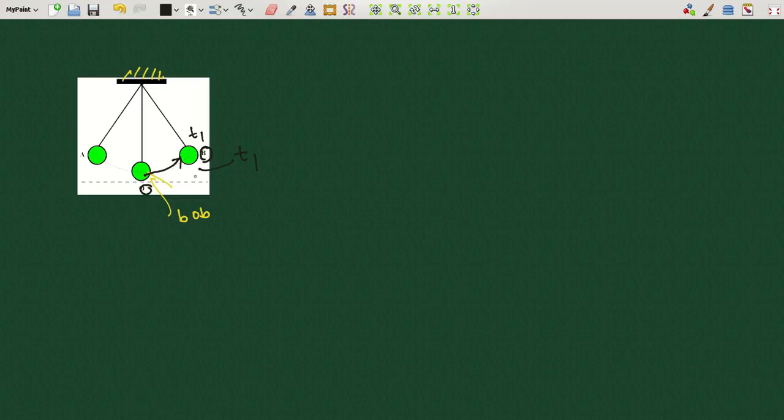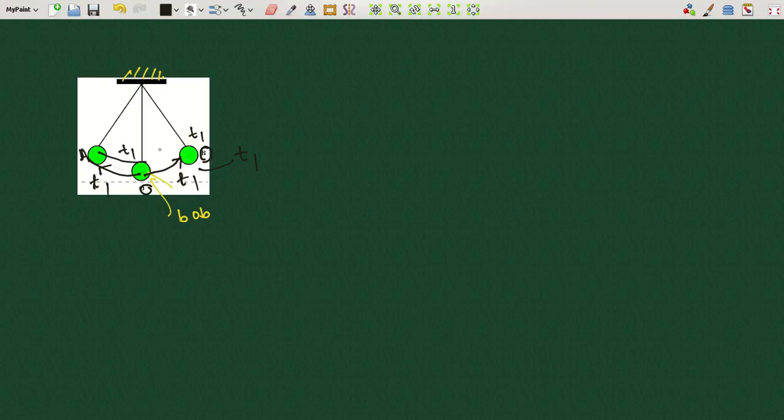Do you know the time taken by the bob? Again it is also t1. Again the bob moves in the backward direction from O to A. This position is called A, and again the time taken by the bob is also t1, and again it returns back. This is also t1.